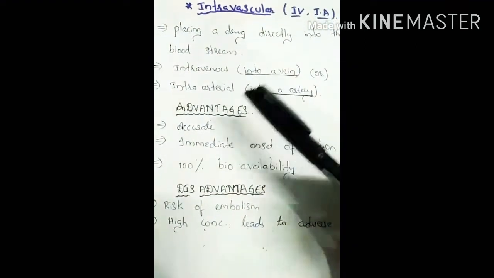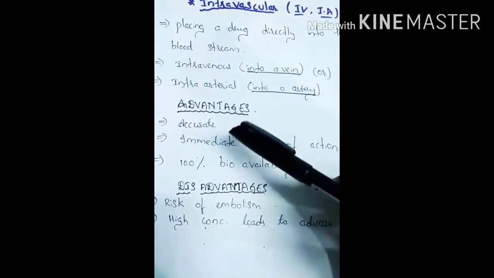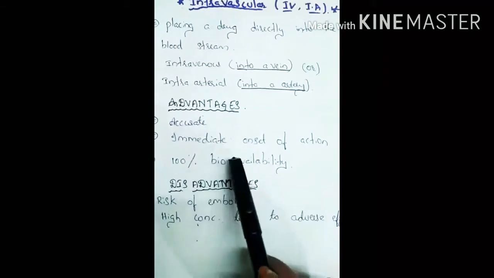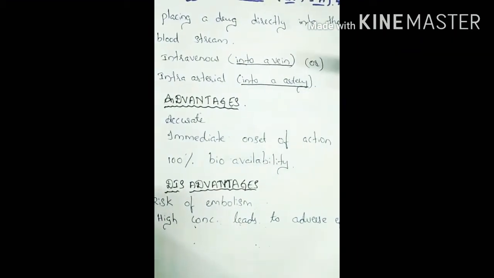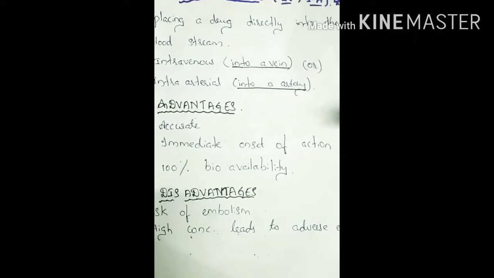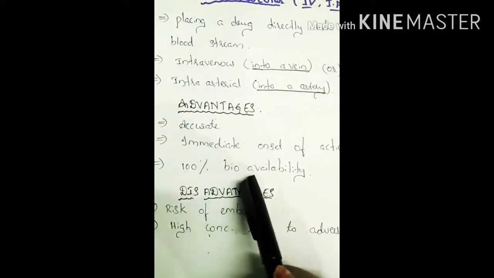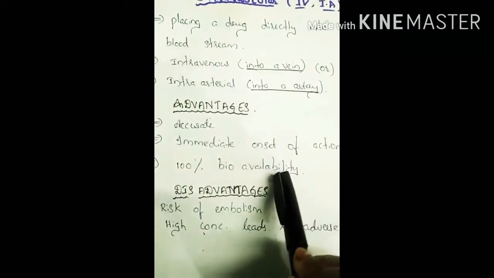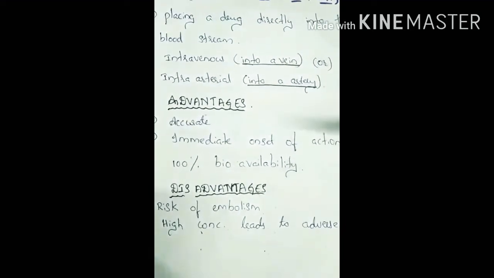Next, the advantages of intravascular: it shows the action very quickly. Immediate onset of action means when we insert the drug into our body, it shows its pharmacological action immediately. And 100% bioavailability occurs.